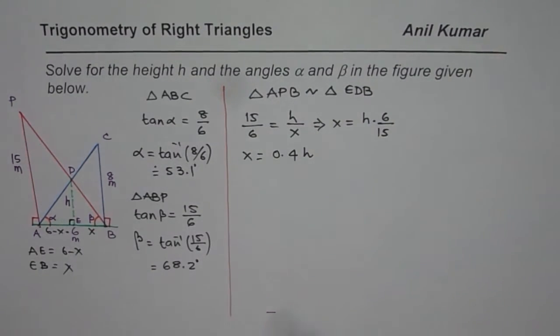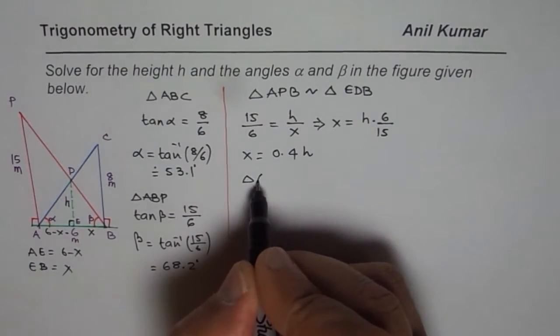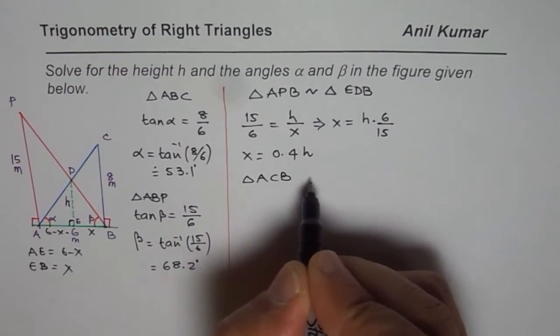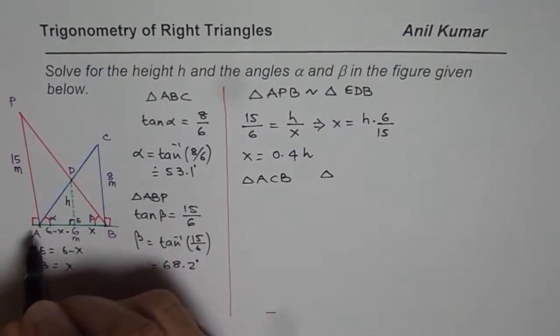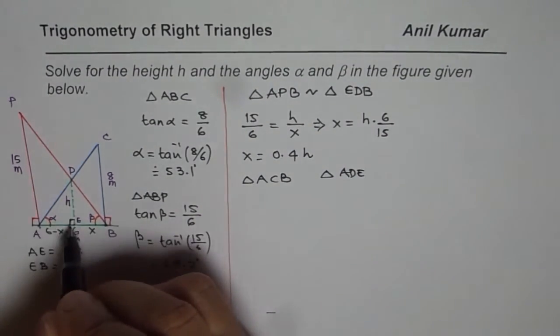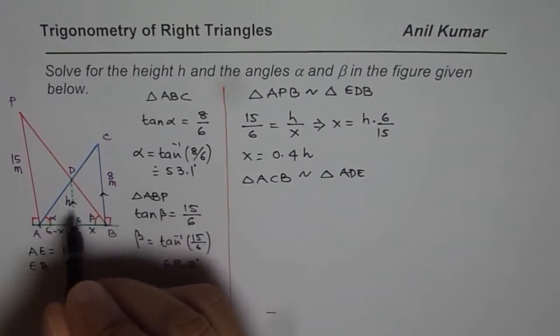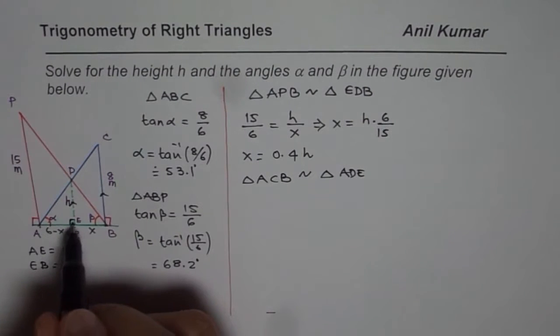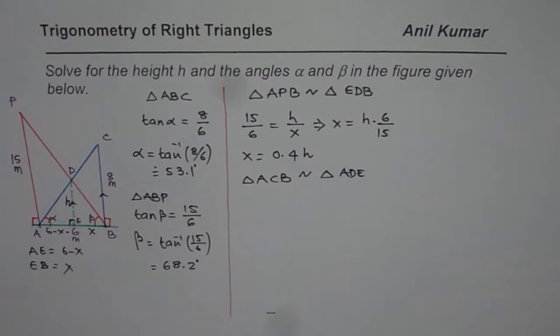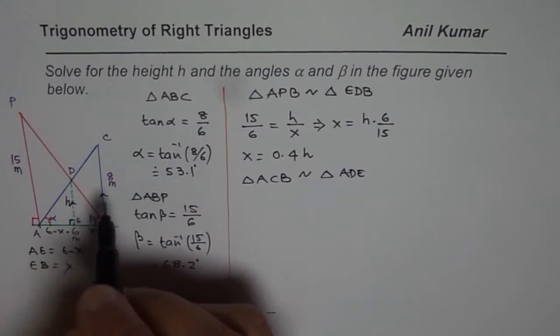Now let us consider the other triangles, triangle ACB and triangle ADE. These two triangles are also similar since they have parallel lines in between. Angle A is common, and 90 degrees. From AA we say they are similar triangles. So the ratio of their sides is also the same.